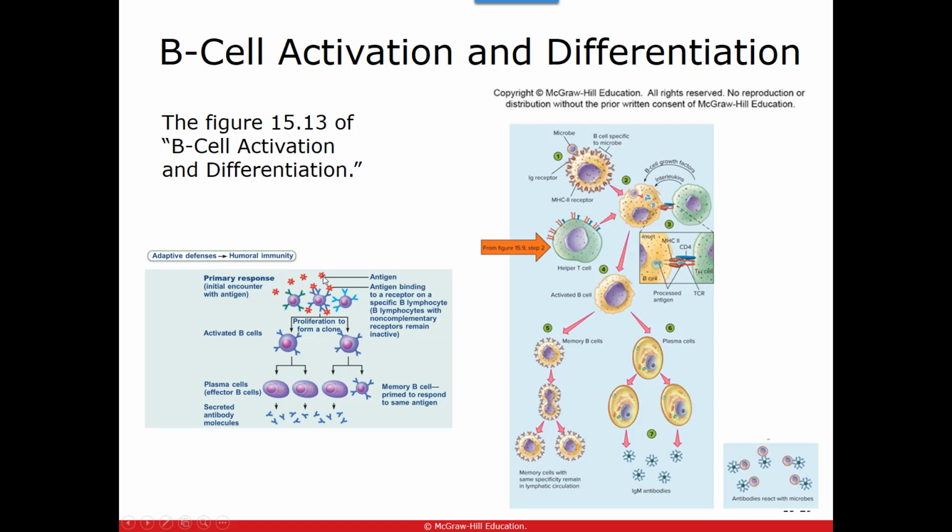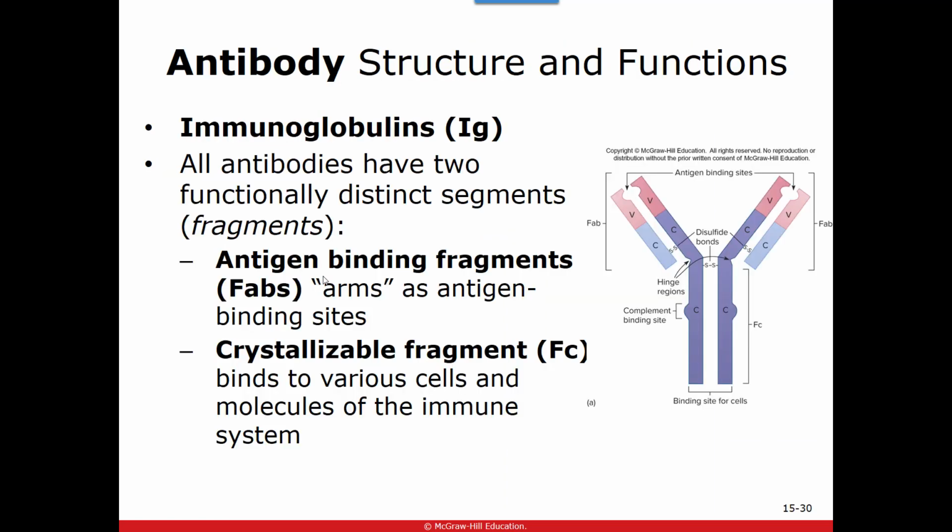So those antibodies look just like the B cell receptor. They look like big Ys. They have that variable region that recognizes that same antigen that started the whole process off. The top part that binds to the antigen is called an antigen binding fragment. I just like that they call it FABs, for fragments that bind to antigen.